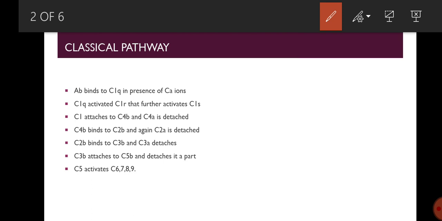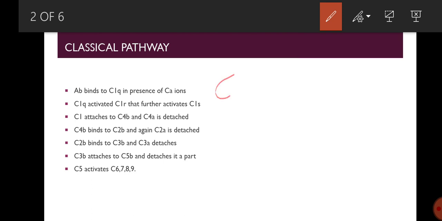So C3b will bind to C2b. Now C3b will cause the activation of C5, and C5 will detach its A part, that is C5a, and C5b will attach to the C3b. Now C5 will activate C6, C7, C8 and C9.